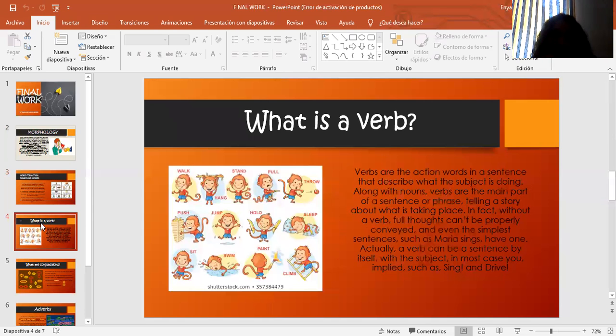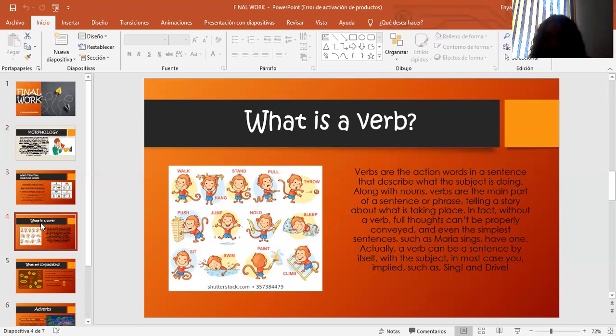Well, now I'm going to talk about verbs. What is a verb? Verbs are the action words in a sentence that describe what the subject is doing. Along with nouns, verbs are the main part of a sentence or phrase, telling a story about what is taking place.